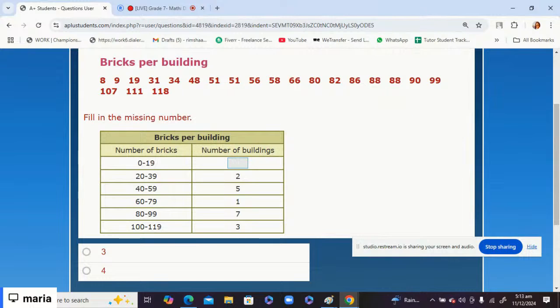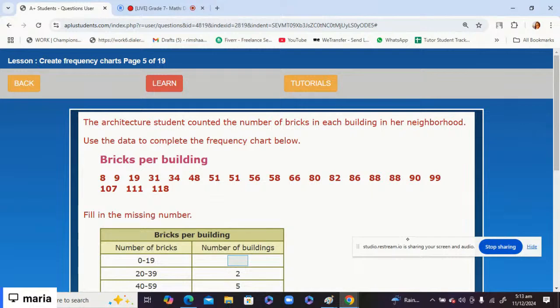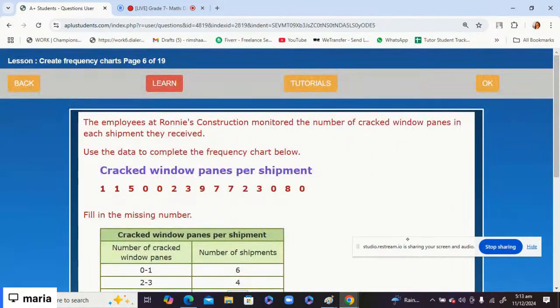Yeah, that is 2 only. Okay. It's 0 to 19, it's 3. 8, 9, and 19. Okay. 8, 9, and 19, it's 3. So let's move on with this. Yes, this is the right one.